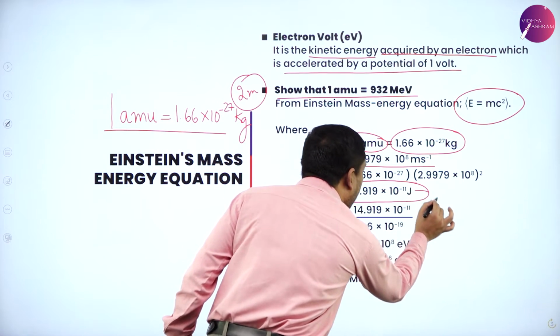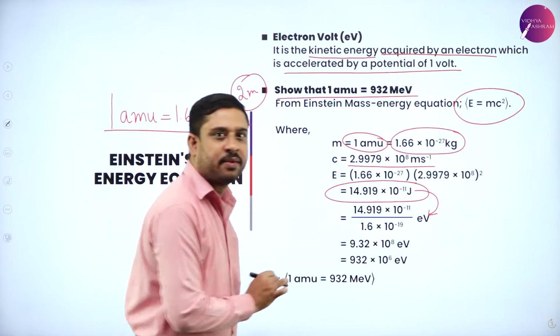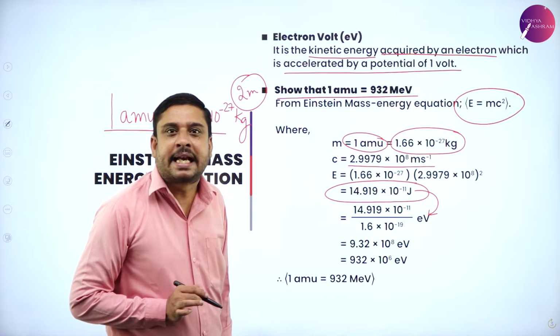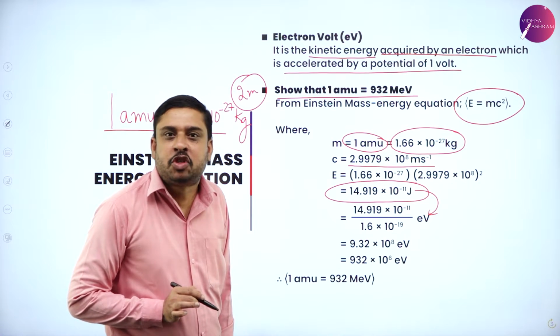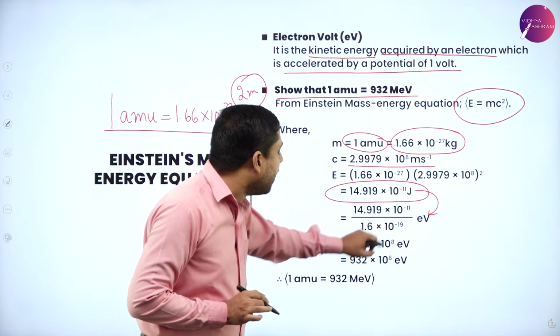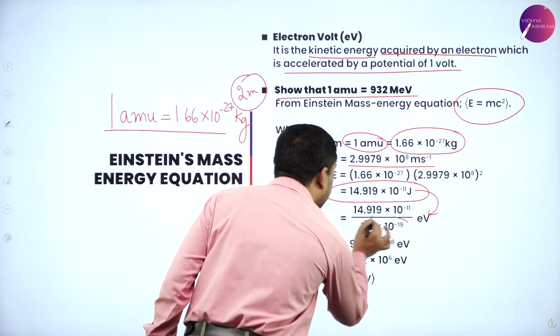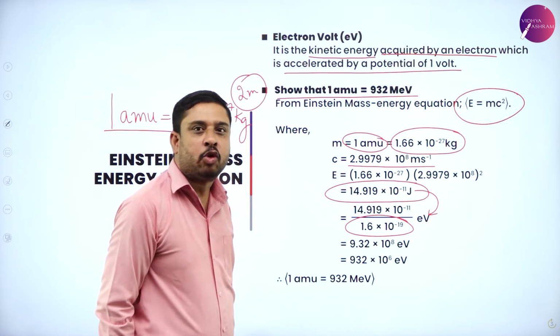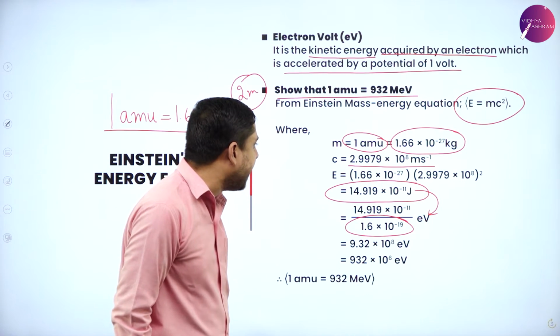Joules to electron volts. If energy has to be converted from joules to electron volts, divide it with the charge of the electron, which is 1.6 into 10 power minus 19.